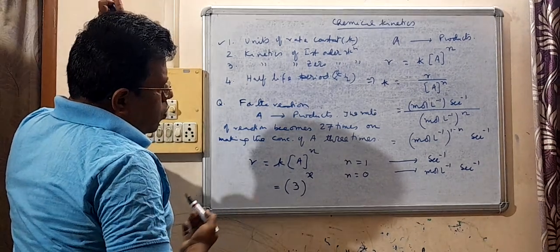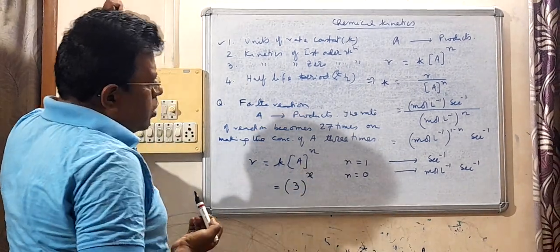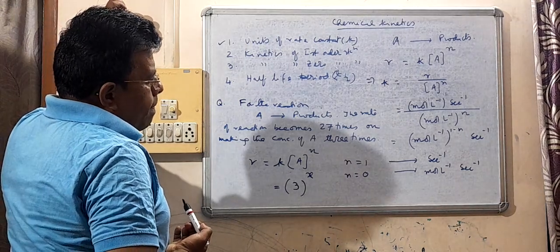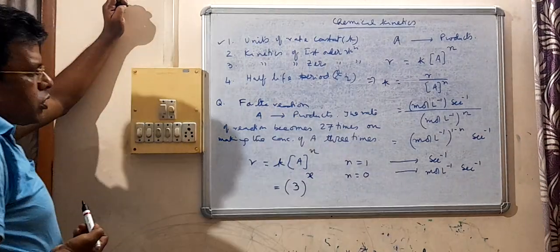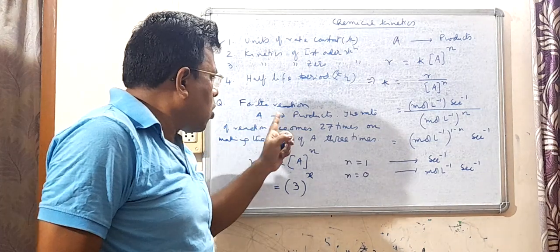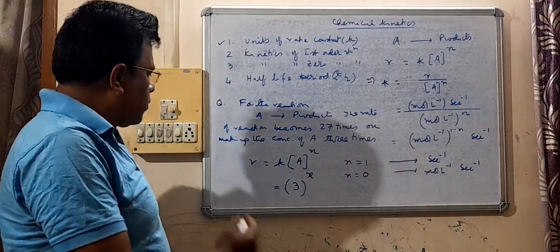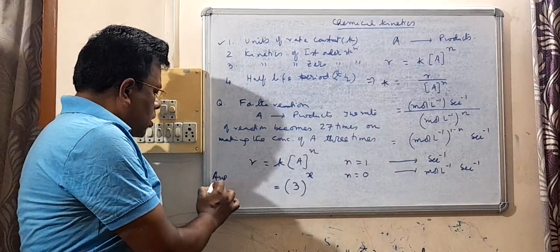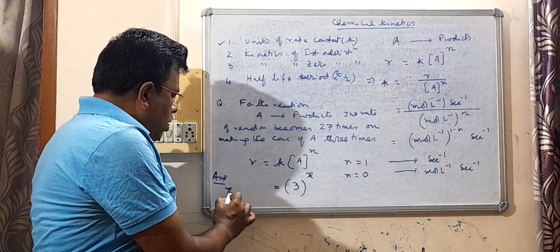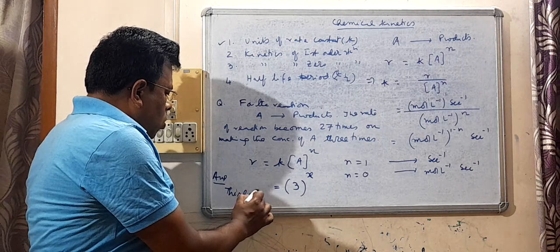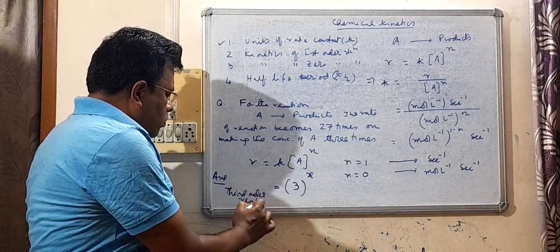And we know 3 to the power 3 is 27. So the answer will be, this is a third order reaction.